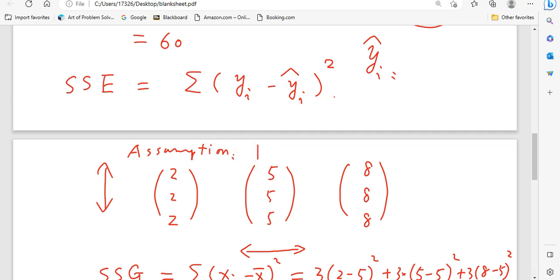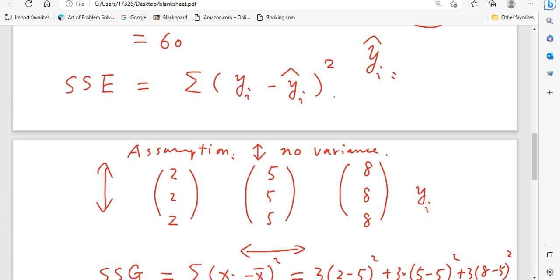Like in this way, no variance. So this is our assumption. So under this assumption, the data should look like that, right? So those are yi hat.